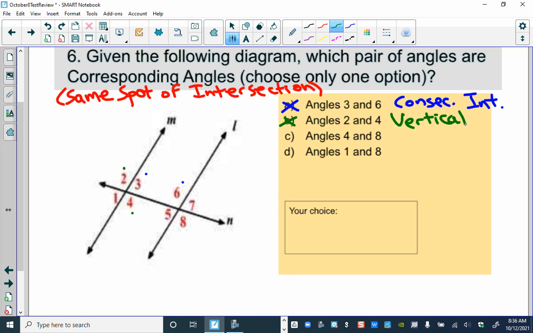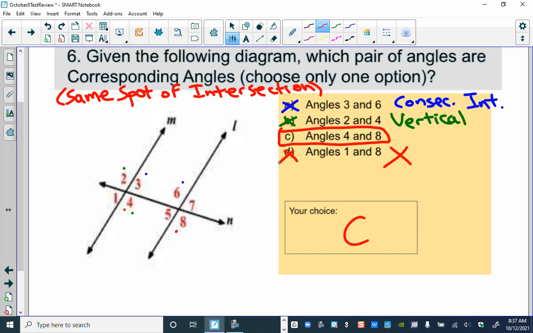What about 4 and 8? Would 4 and 8 work? Yeah. There you go. This works. And then 1 and 8 would not work at all. Don't even bother. So it's choice C.